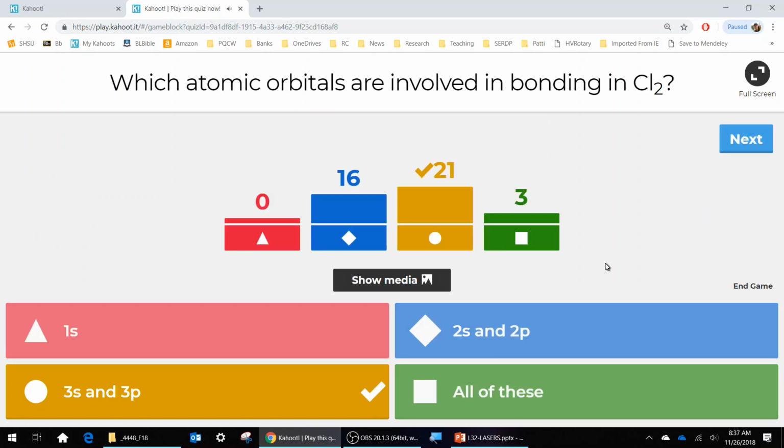I put this one in there just to emphasize. I saw some people last time doing MO diagrams where they use the 2s's and the 1s. No, no, no. The 2s and the 1s orbitals and the 2p orbitals are core electrons, and core electrons do not participate in bonding. Okay, it's only the valence electrons.